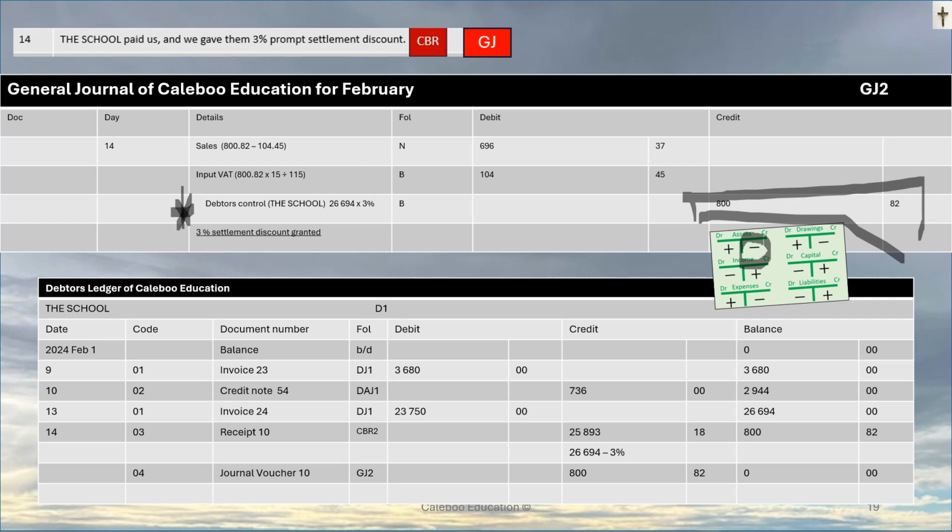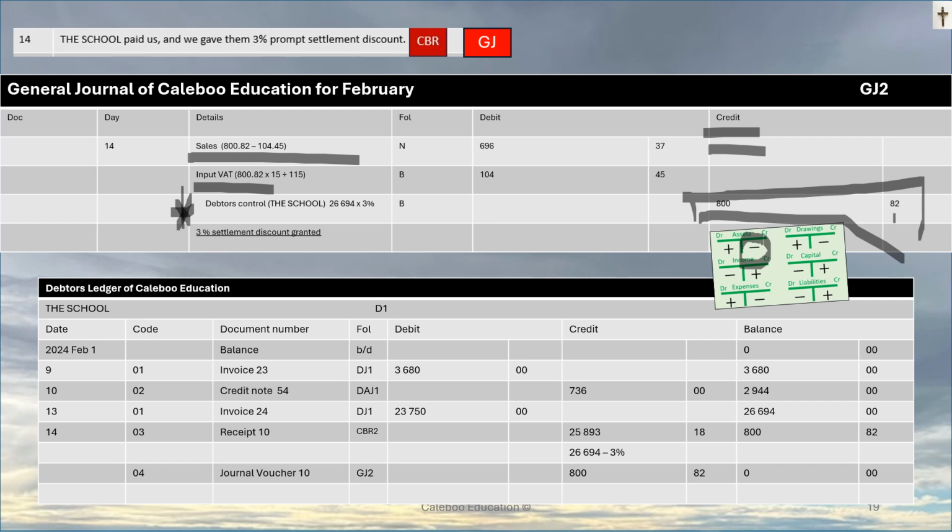There's a decrease in what the debtor owes us because of the discount. So that full amount must be recorded in the credit column, 882.